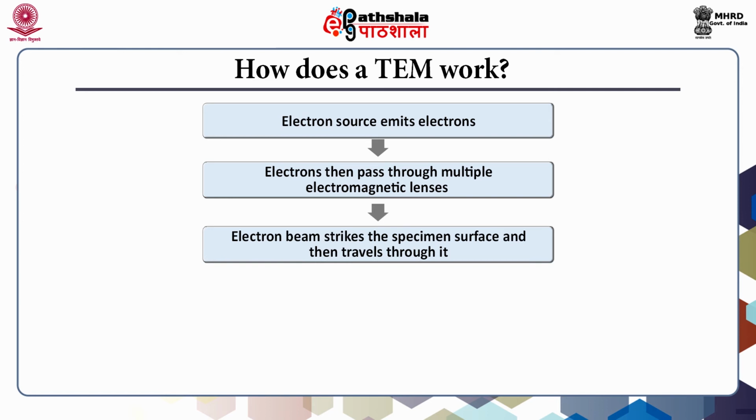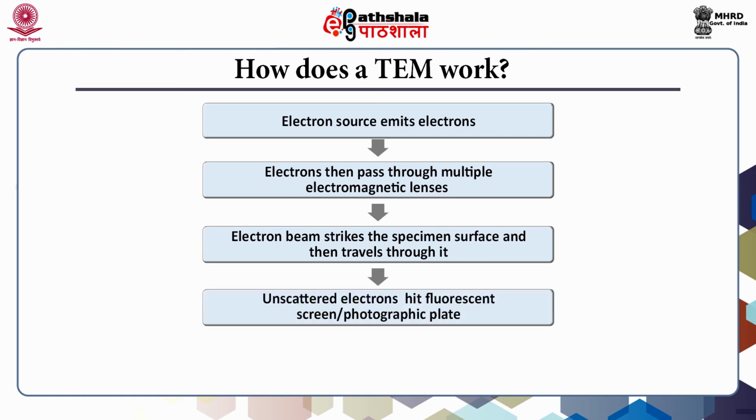The electron beam strikes the specimen surface and then travels through the specimen under study. While some electrons are scattered, some pass through the specimen and are scattered by internal structure within the sample. This scattering depends on the density of the material present.